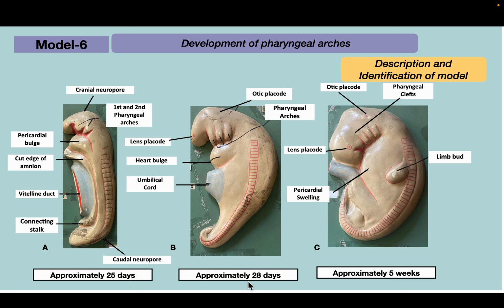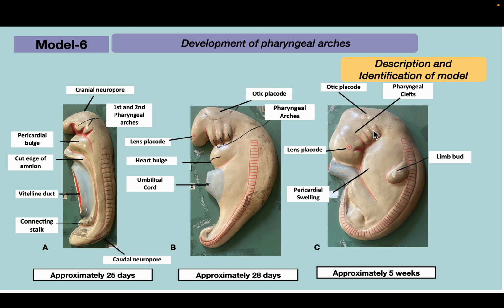And in this, at the 8th day, you can see the aortic placode, the lens placode, pharyngeal arches, heart bulge, and umbilical cord. The aortic placode is clearly visible in this model.